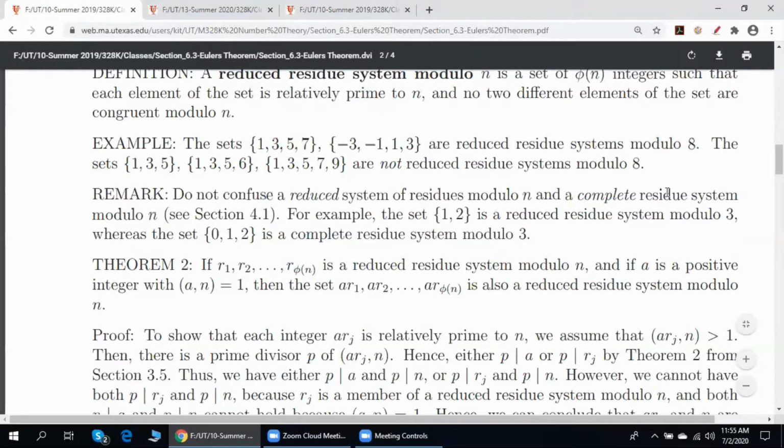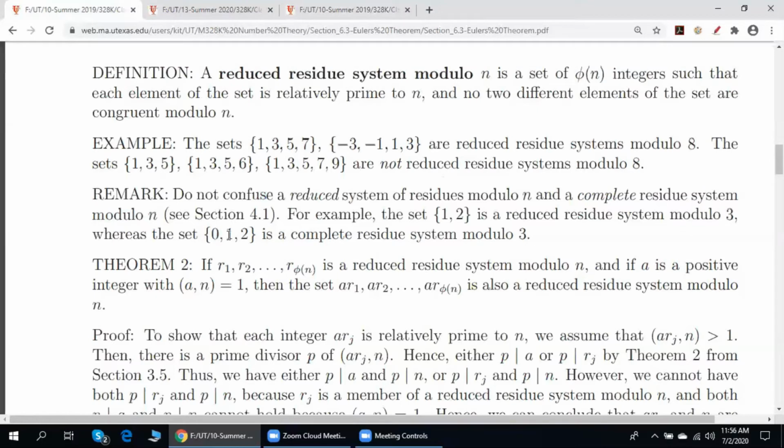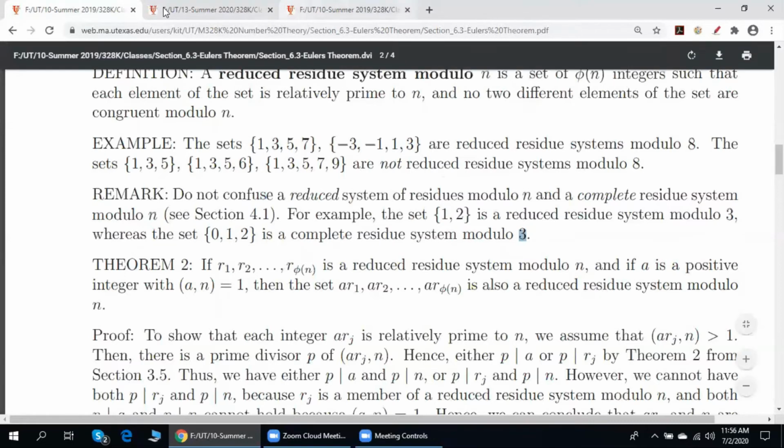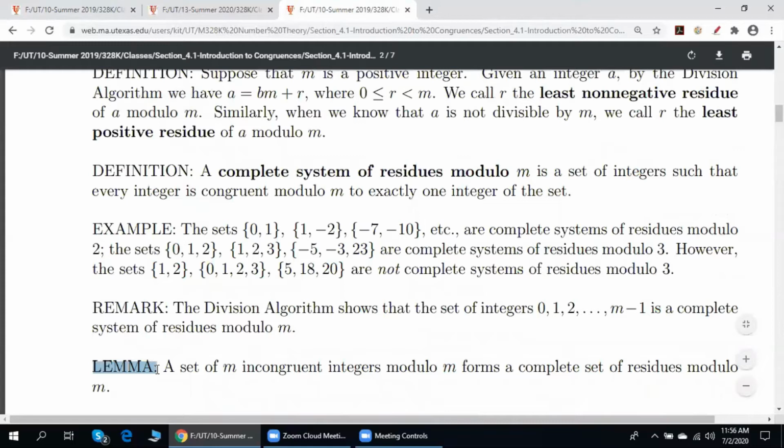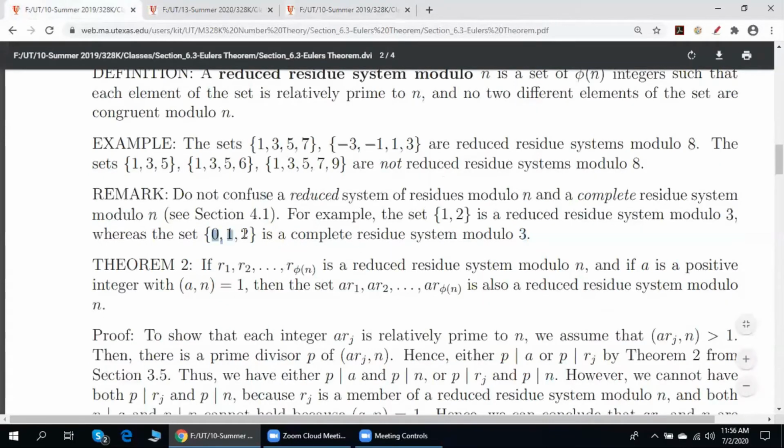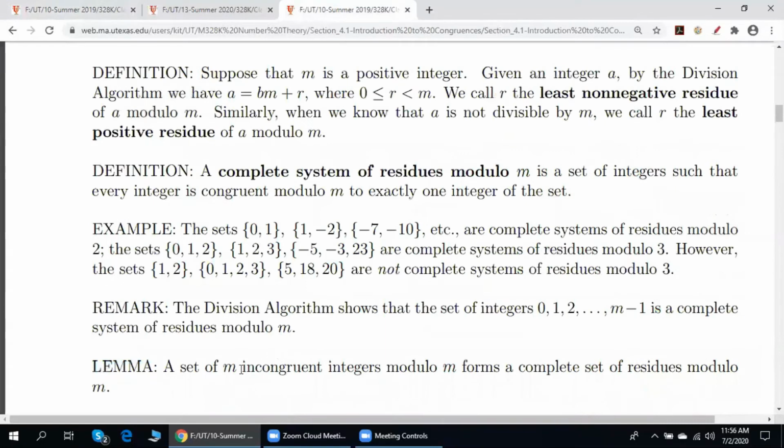For example, consider 3. Note that a complete residue system modulo 3 is 0, 1, and 2, because any integer is congruent to either 0 or 1 or 2 modulo 3. Or if we use this lemma, we have indeed 3 integers that satisfy the following condition.